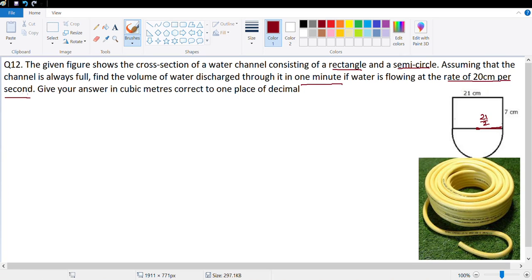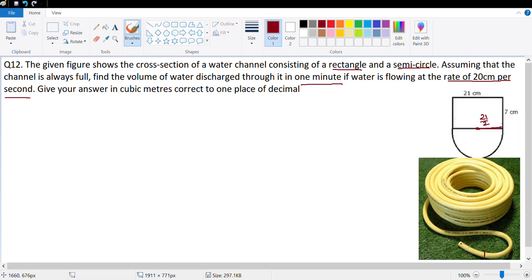Till now we knew that volume is equal to area of cross section into length. So what we need to figure out is the length of this channel. So assuming the picture that I put below, this is the channel that we're talking about. Let's say 20 centimeter of water which is contained in 20 centimeter of this channel flows out in 1 second.